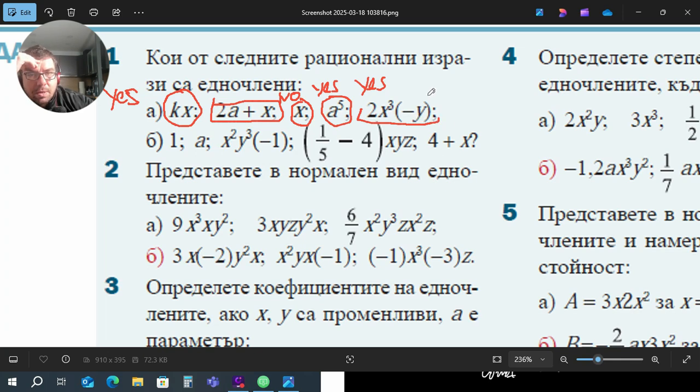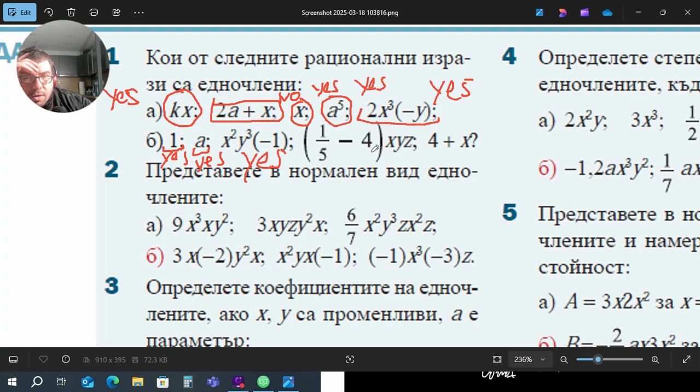So only multiplication of constants and variables. Is 1 a monomial? Yes. Is 8 times x to the power of 0 a monomial? Yes. Next, x to the power of 3 times y to the power of 3 times minus 1. This is yes. I'm just multiplying constants and variables.